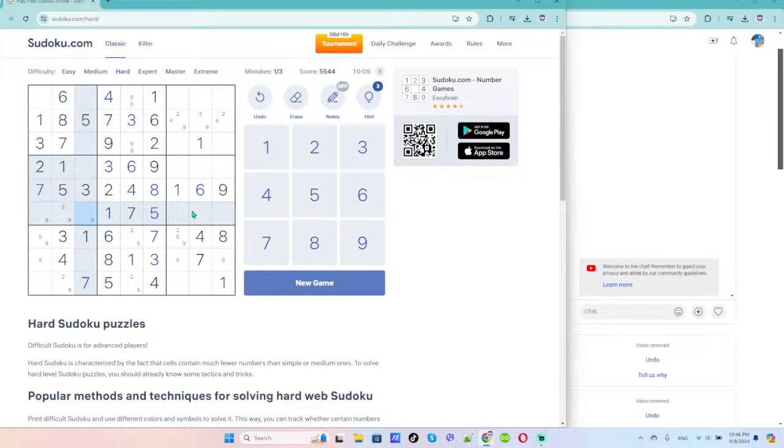And now, number 4 can also go everywhere except from this cell for now. So I also write this down. And what else? Number 6. Yeah, number 6. Exactly the same situation with number 6.